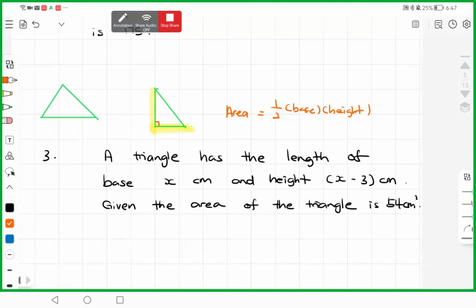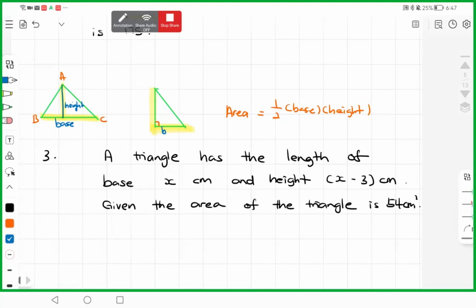If it's an isosceles triangle, this is the base, then the height will be from the vertex down, touching the base. So this is the base, this is the height, like this. Same thing, area is 1/2 times base times height.